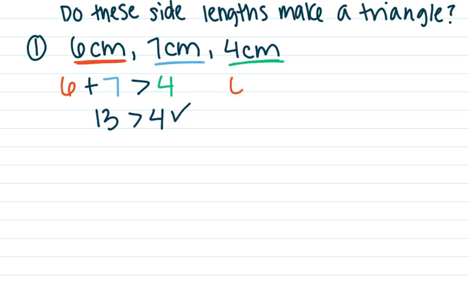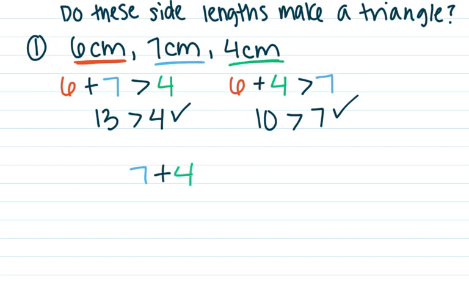Next step, we add red and green together, those two sides, and they have to be bigger than blue. So 6 plus 4 is 10. Is 10 greater than 7? Yes. Awesome. Our last check is to add blue and green because I haven't added those two together yet.